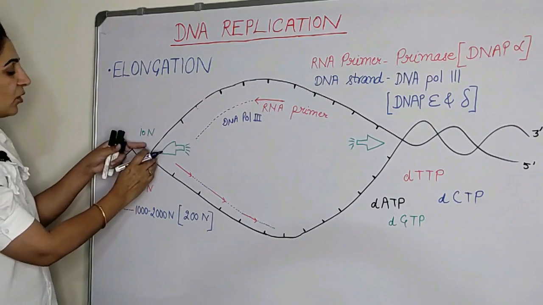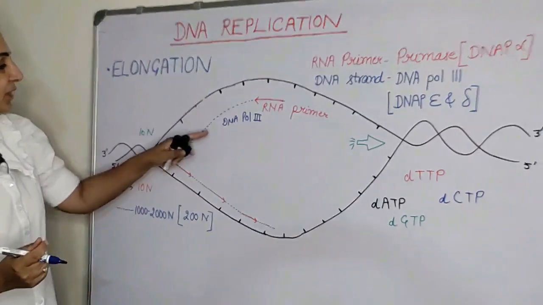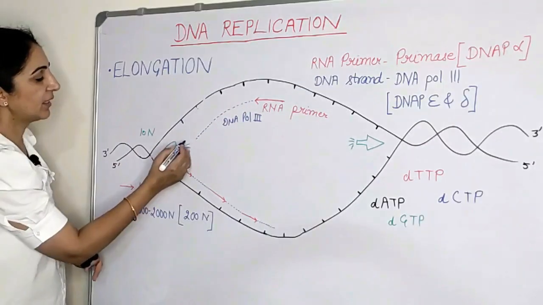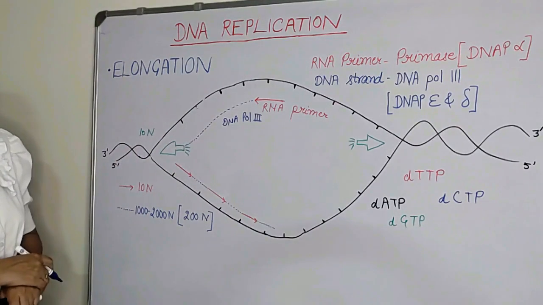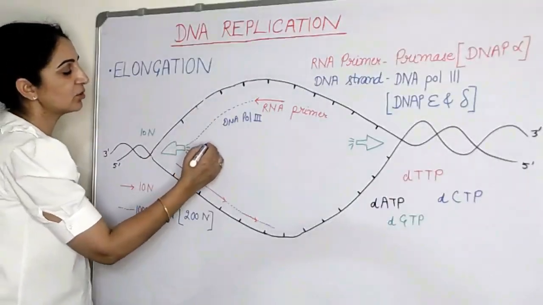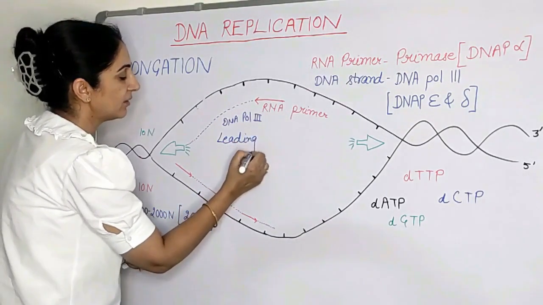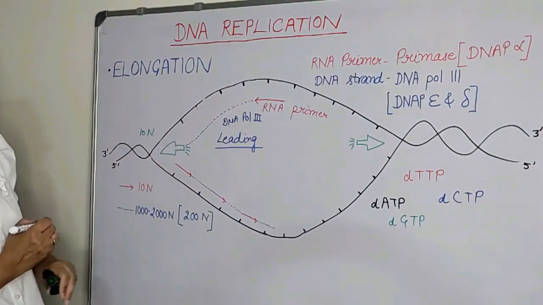So more and more of the DNA double strand keeps getting separated, and continuously DNA polymerase 3 is going to synthesize the DNA strand on the other side. So this strand is known as the leading strand, because the synthesis of this strand is continuous.